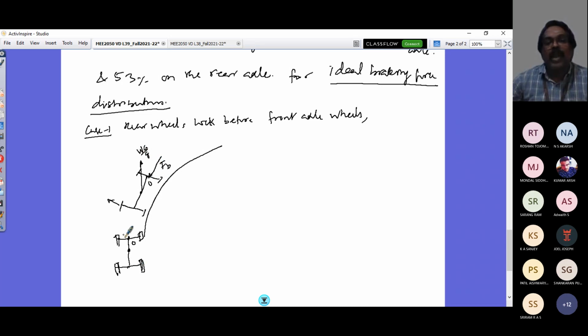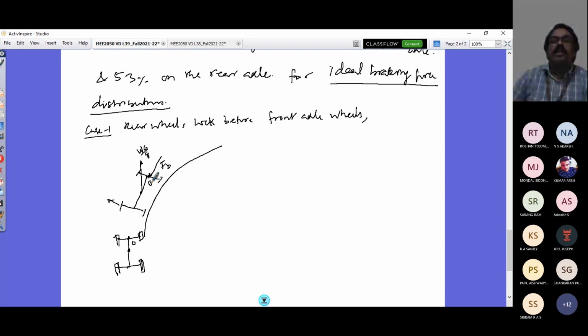So when it goes straight, when all the wheels are locking together, this FB will be equal to this, and it would be just stopping. But when it is not so, the FB at the CG location, see this is equivalent, taken as collinear, and that would no more be collinear, and this would generate a yaw moment.